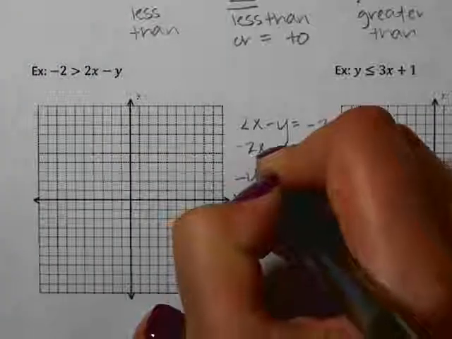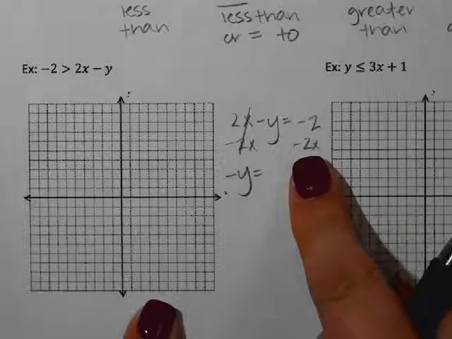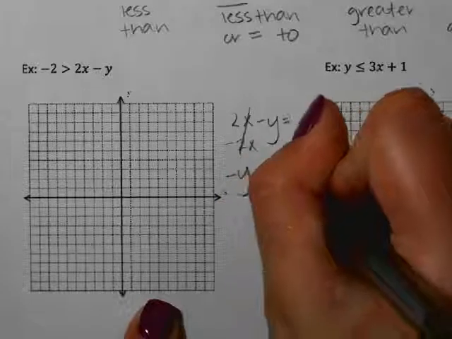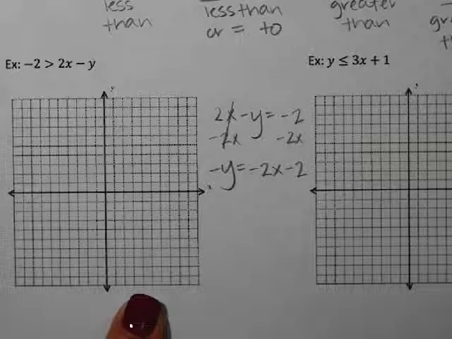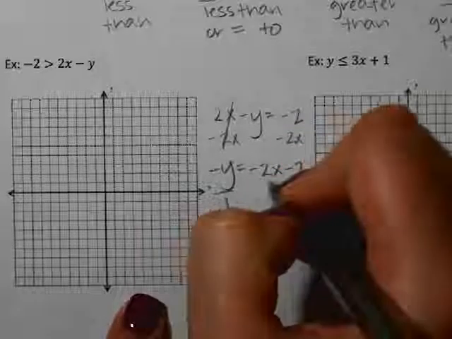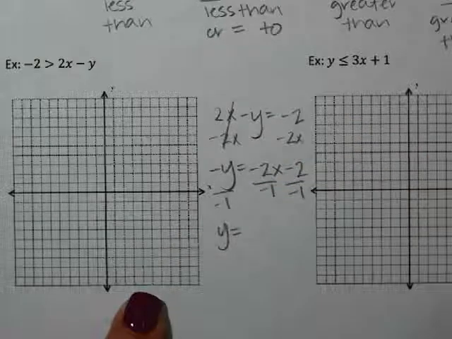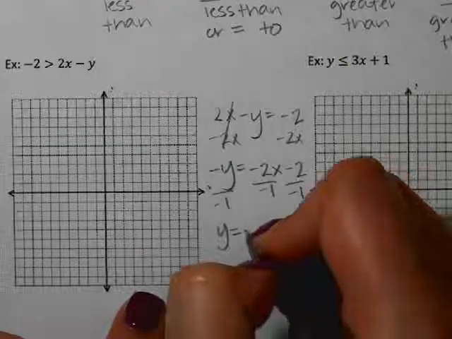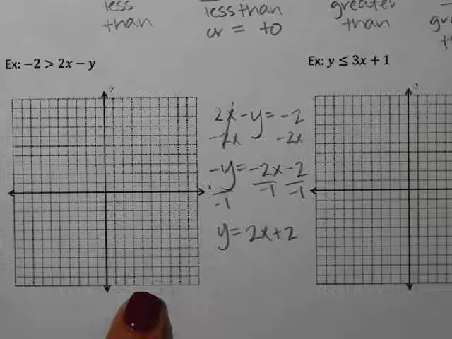So I have negative y left over. And then what should I write first? Negative 2x. And then we've got a negative 2 after that. Okay? And then how do I get the y all by itself? Divide by negative 1, divide by negative 1, divide by negative 1. So y equals 2x plus 2. Okay.